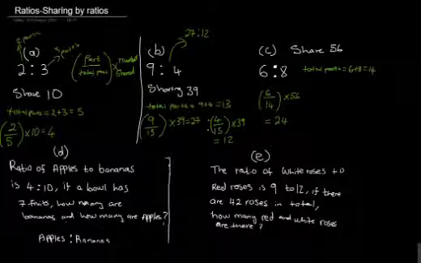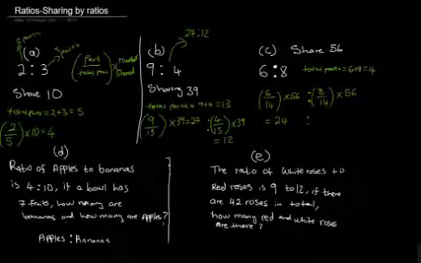Now you come to the one for 8. For 8, it's the part over the total of the parts, multiplied by the number being shared, which is 56. That is equal to 32.